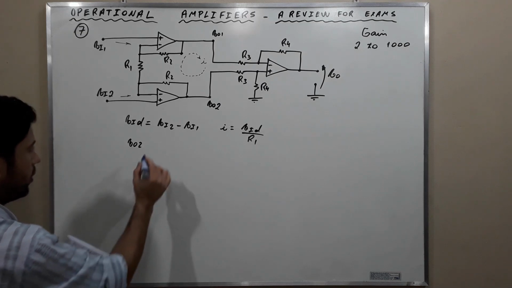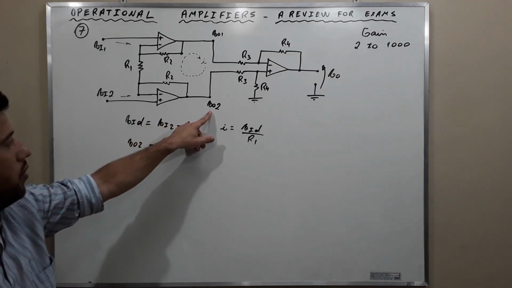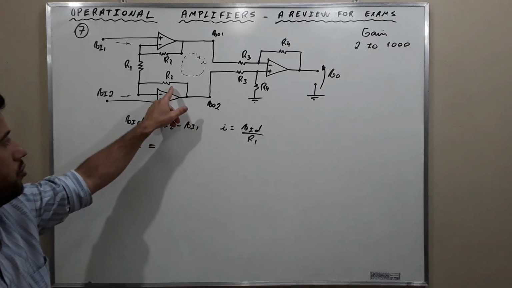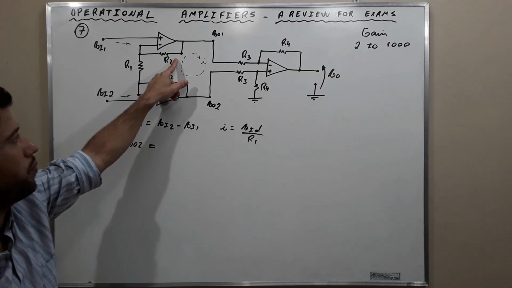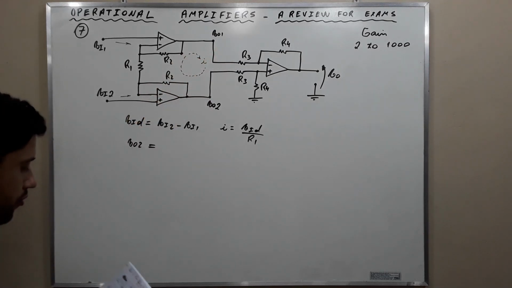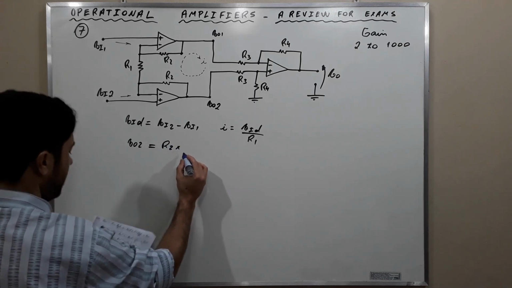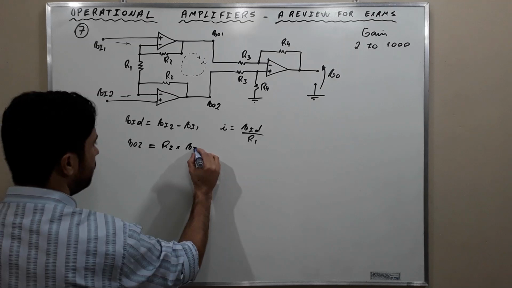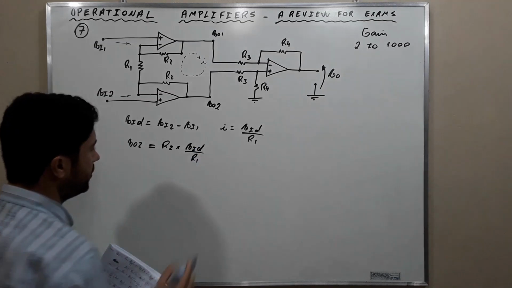VO2 is equal to, the voltage here is going to be equal to the voltage drop here, plus the voltage drop here, plus the voltage drop here, plus this voltage here. And the voltage drop here is R2 times VID over R1, okay?